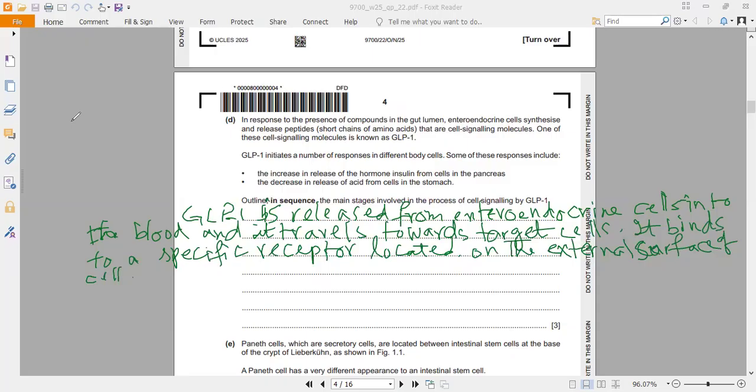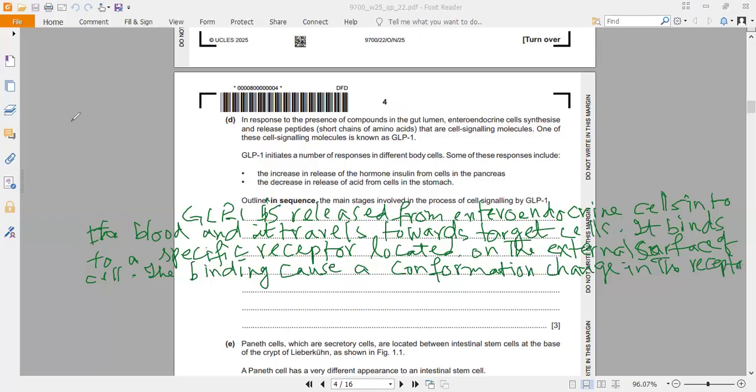So it needs a receptor. This is compulsory. The binding causes a conformational change in the receptor which activates intracellular signaling.